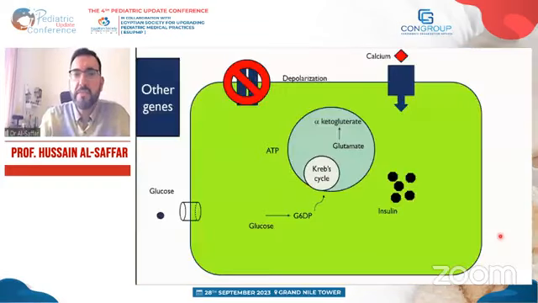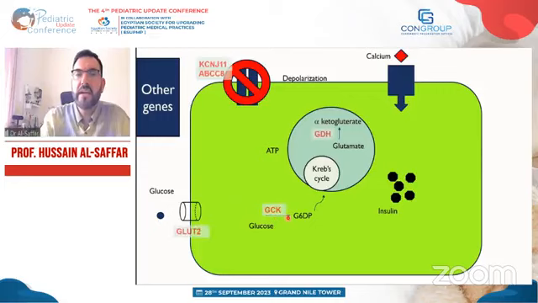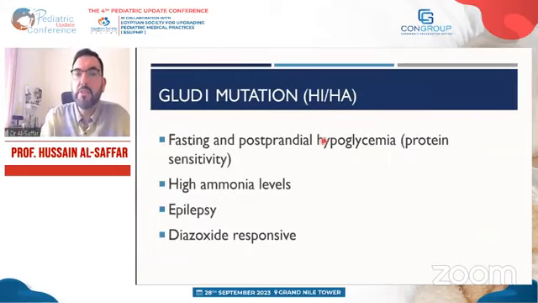Other genes can be affected in the case of hyperinsulinism. We just knew about KCNJ11 and ABCC8 working on these channels, but we have other genes working on the transporter or the glucokinase gene, which is affecting the glucose and the formation of G6P, or the GLUD1 gene mutation also. There are other rare types of hyperinsulinism due to a GLUD1 mutation, and this one is usually associated with hyperinsulinism with hyperammonemia.